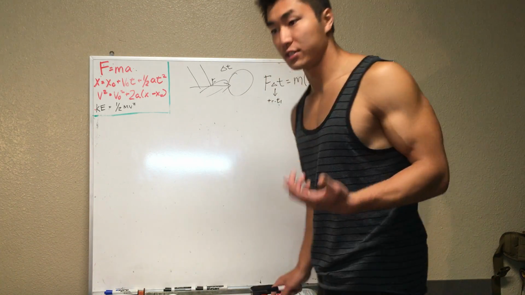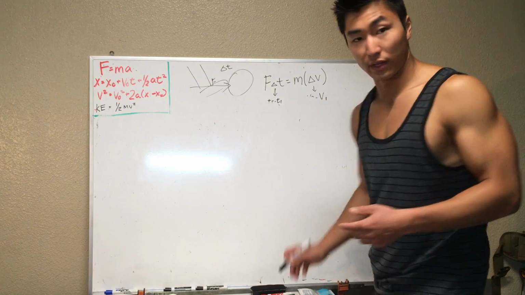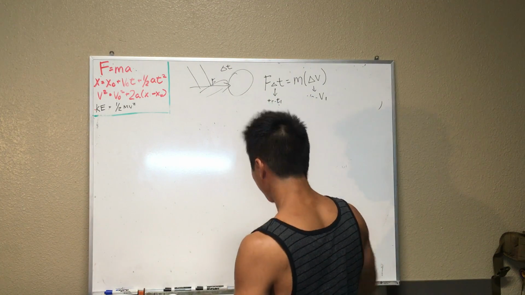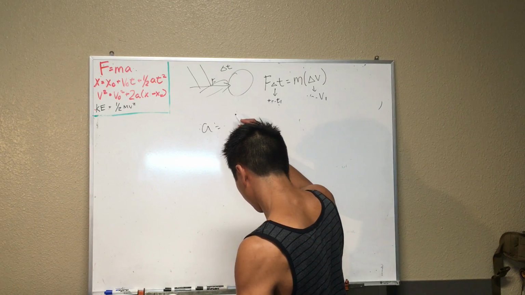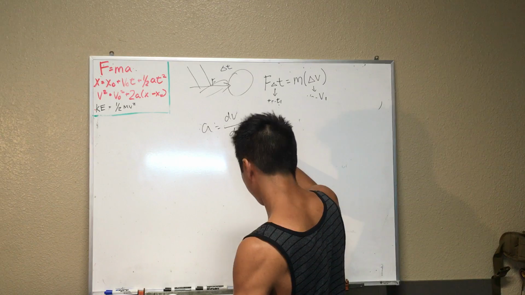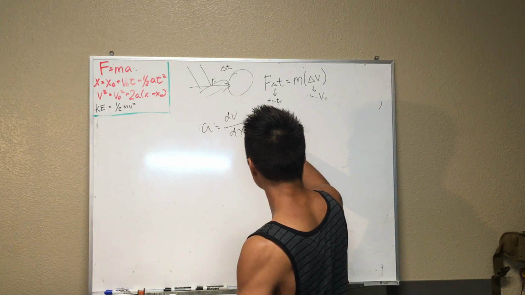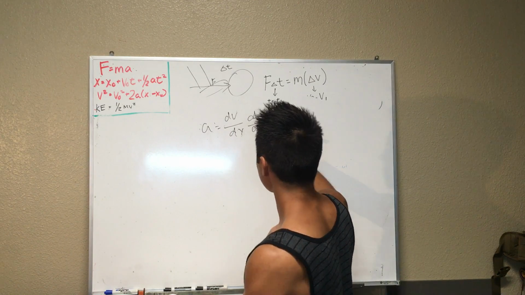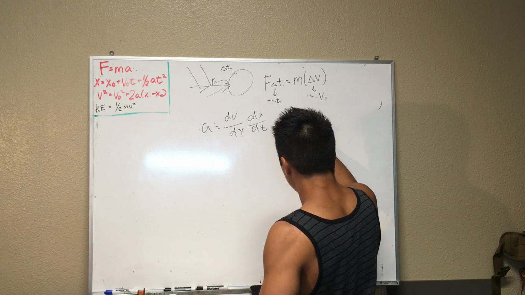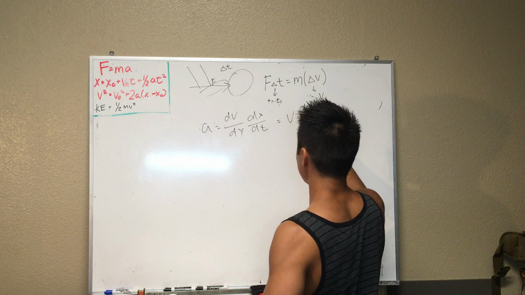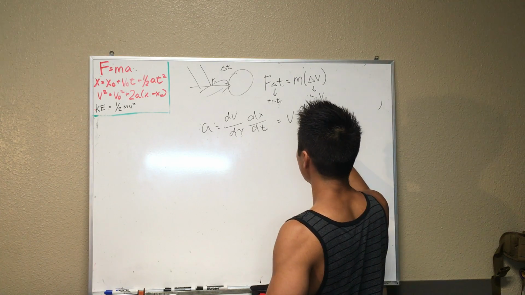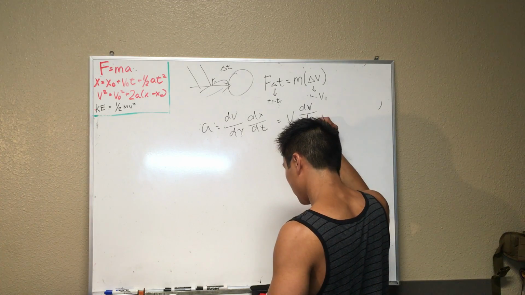So kinetic energy is directly in correlation with work, but just for now, remember that acceleration, I probably should have just left that on the board, dv over dx, dx over dt, which is just v dv over dx.